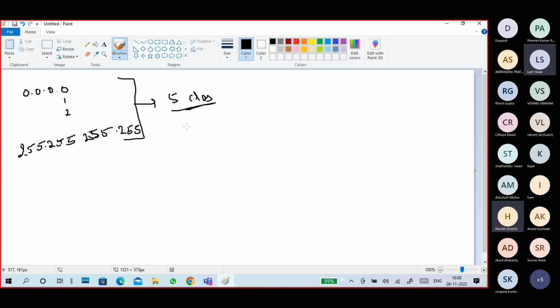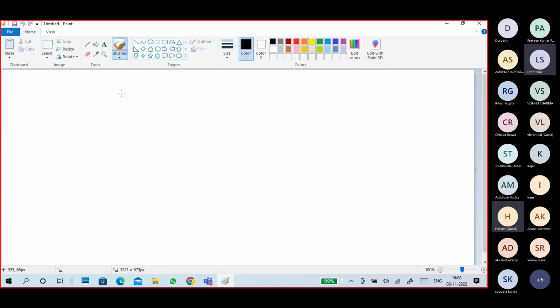Then how can we cover the whole globe with IPv4? Of course, that is also a big challenge today. That's why we have chosen IPv6 now. But before, it was IPv4 only, right? So there were a few challenges.